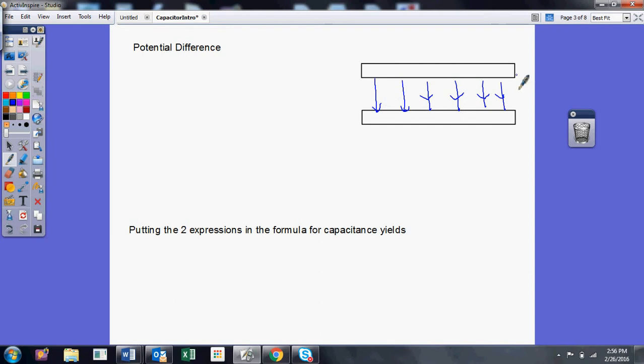And we have a separation distance D between the plates. Let me erase for just a second. There we go, that makes a little more sense.